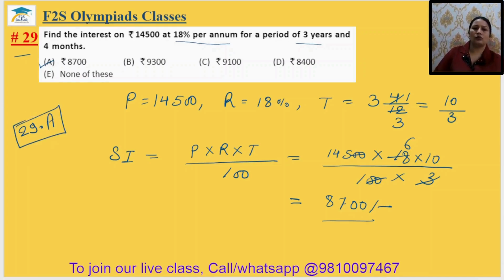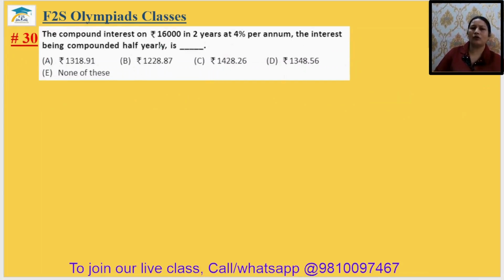Okay. Come to question number 30. The compound interest on 16,000 in 2 years at 4% per annum, the interest being compounded half yearly. Interest rate is given per annum and the compounding is half yearly. Okay? So here P equal to rupees 16,000.